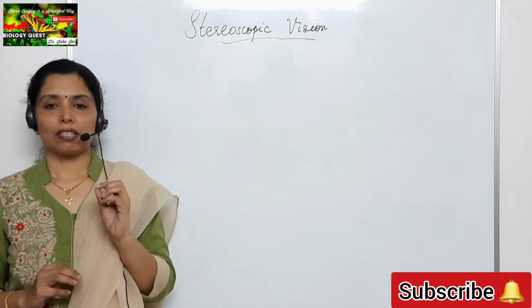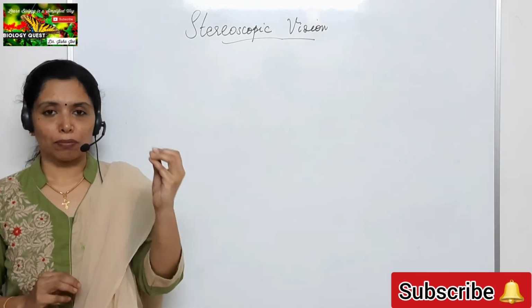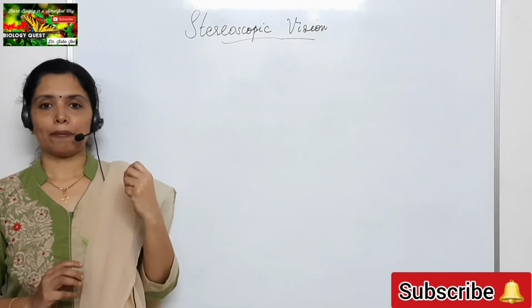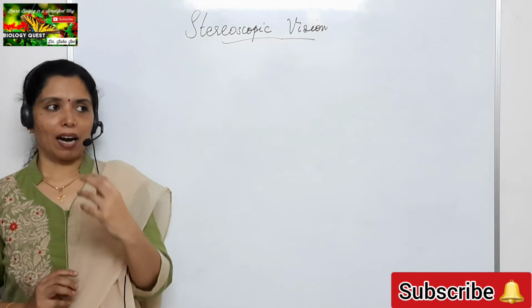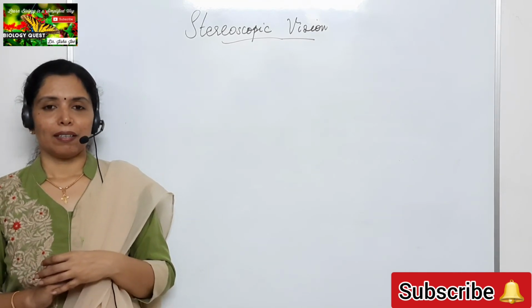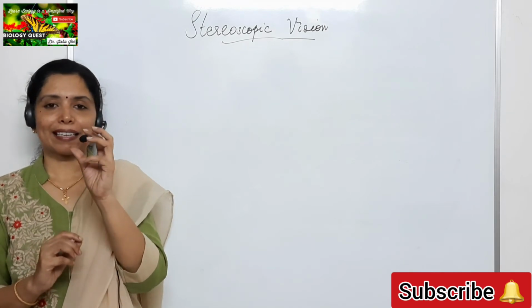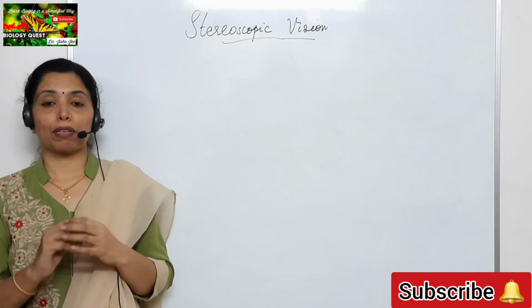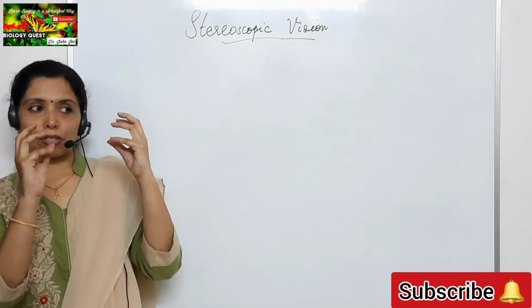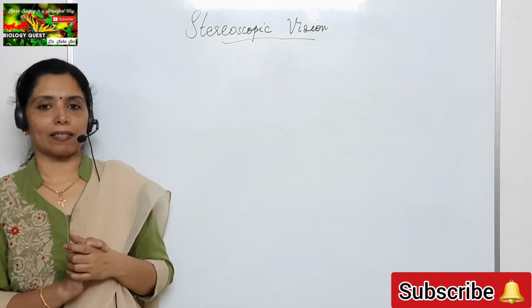So I hope you have understood. When we look at an object, both our eyes are viewing that object, and in each eye the image of the object will be formed. A very slightly different image will be formed, because we are viewing the object from two slightly different angles.